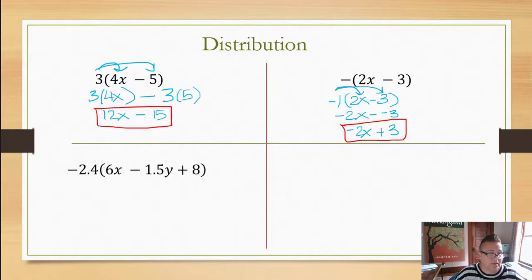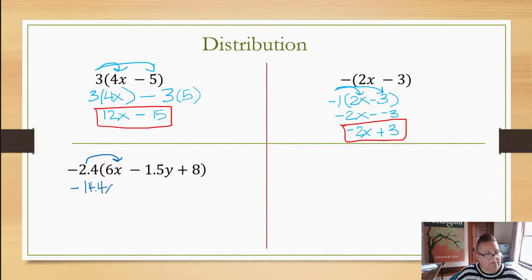In the third example, I've got some decimals added all over again. So we're going to run through this one. I've got a negative 2.4 times 6x. And I'm going to pull up my calculator because I don't know that one by heart. I mean, I think I have an idea, but just to be sure, so I don't make a mistake, I'm going to do a negative 2.4 times 6. And that's going to give me a negative 14.4.